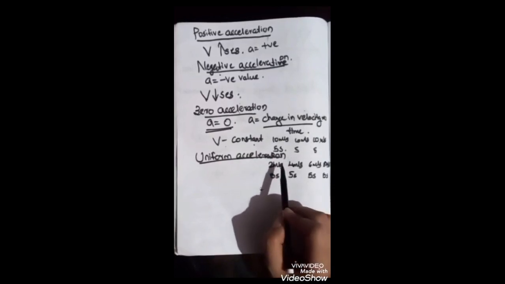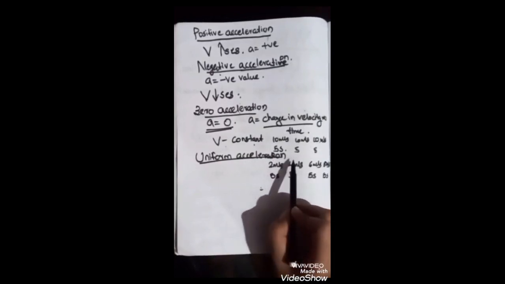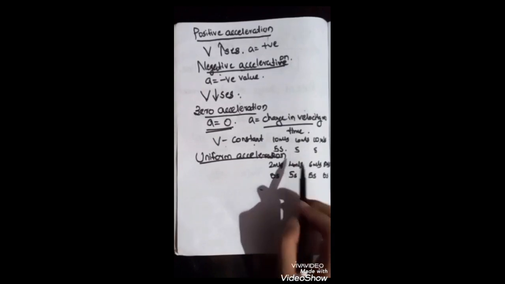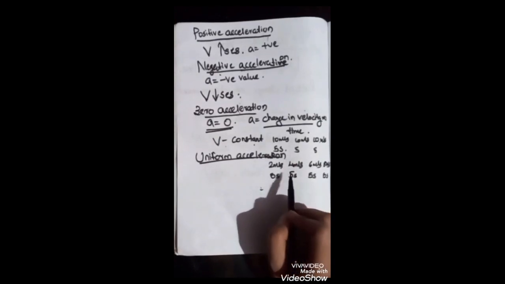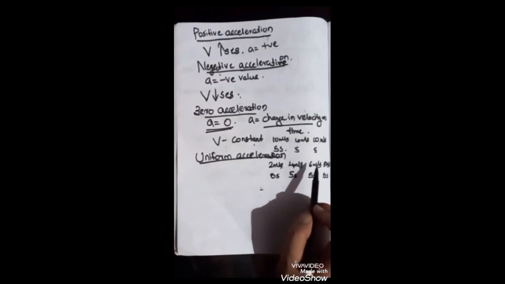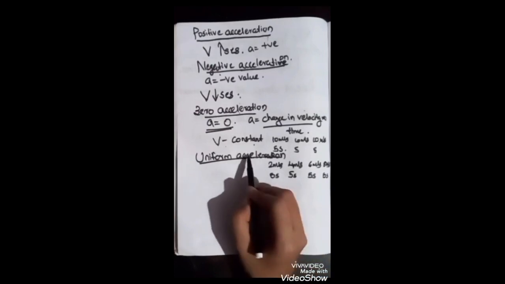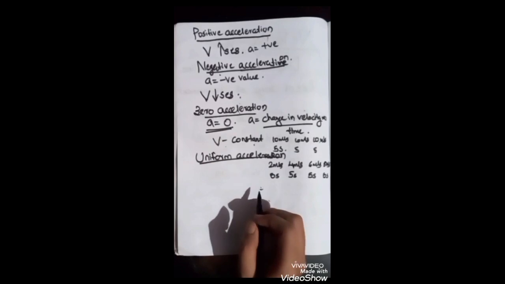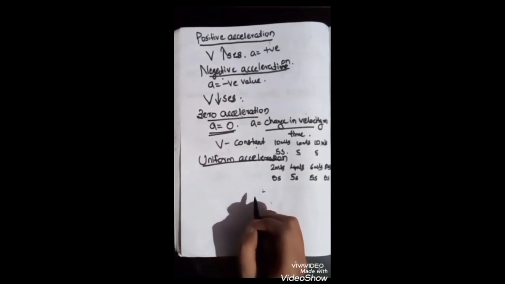Is it correct? Okay, that is, the change in velocity is equal in equal intervals of time. Then the object is said to be in uniform acceleration. Okay, hope you clear that.